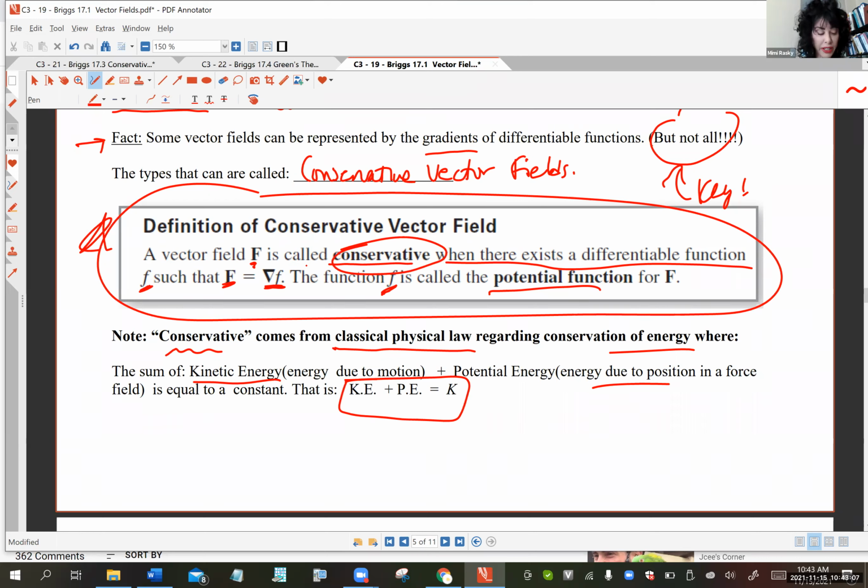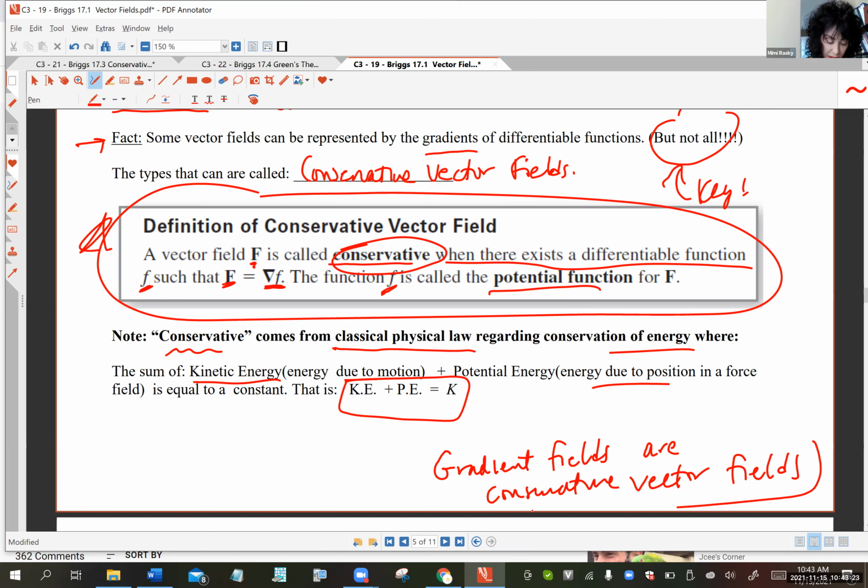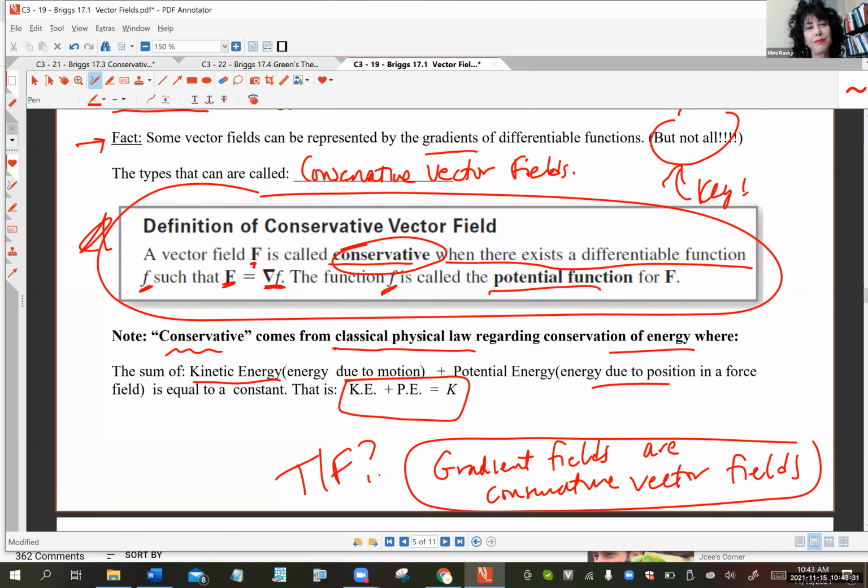So here's something you might want to tattoo on your arm. Gradient fields are conservative vector fields. If I give you a true false question, like gradient fields are conservative vector fields, true or false, what would you say? True. Thank you. True.